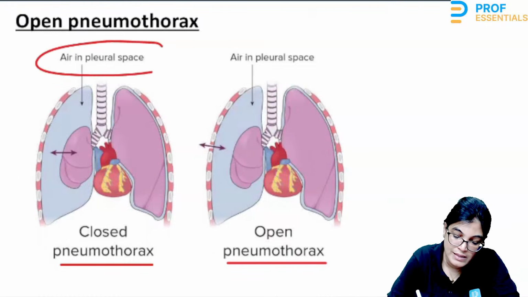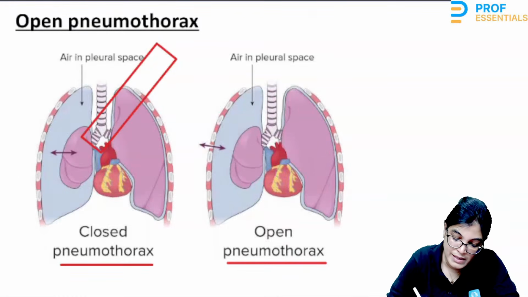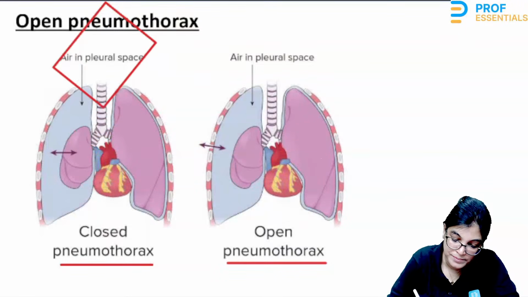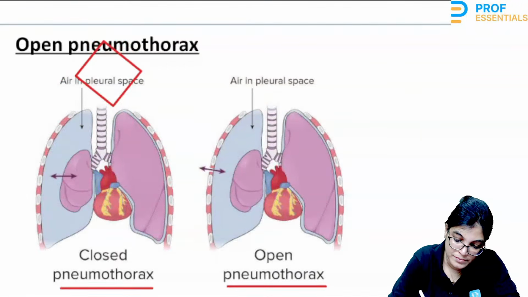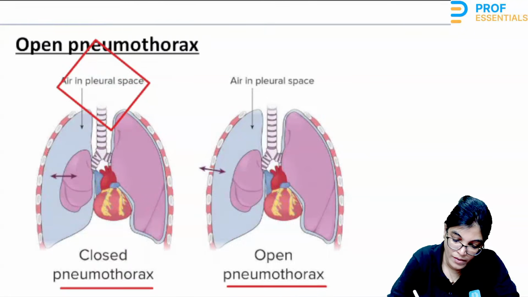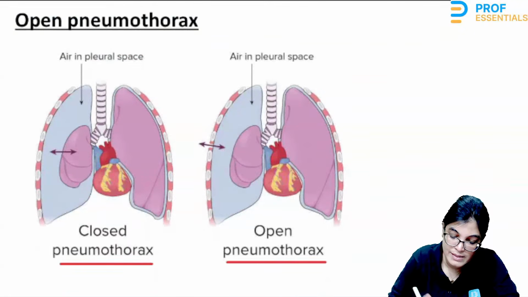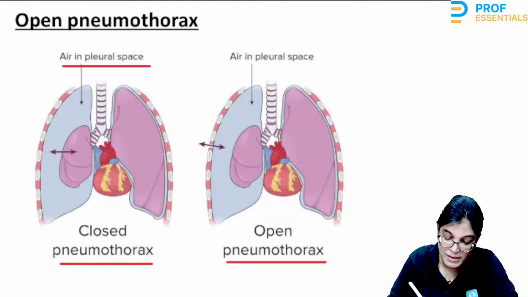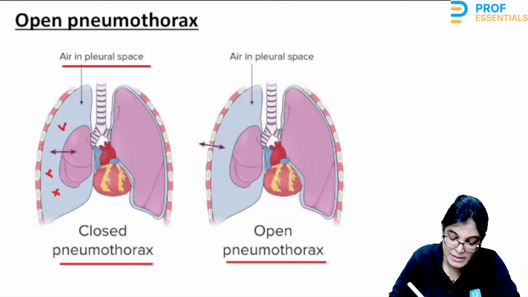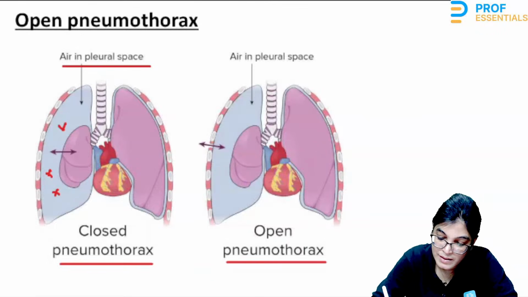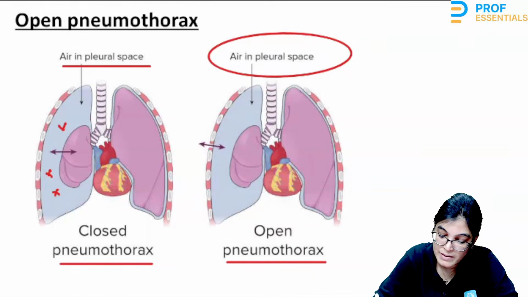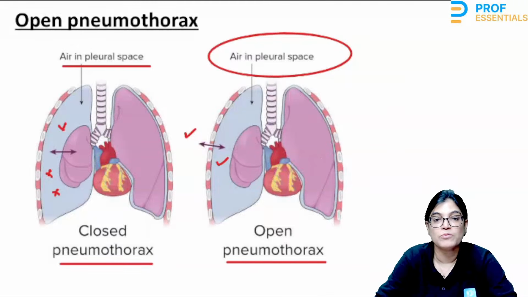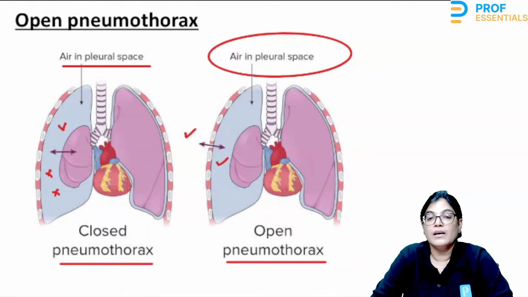In this case, air is in the pleural sac, but it is not communicating with the atmospheric air. Here, the air is in the pleural space, but this air is also communicating with the atmospheric air.